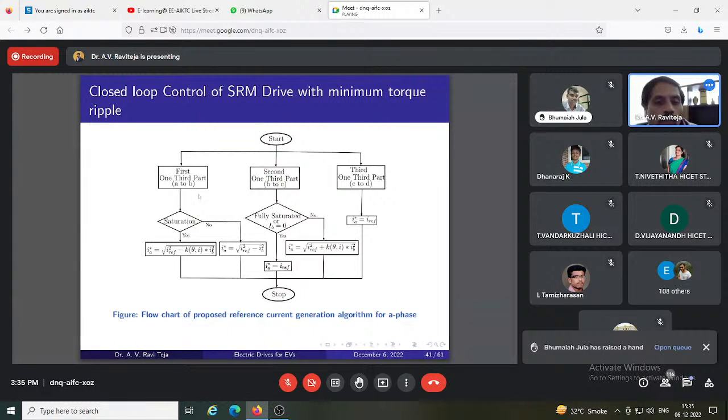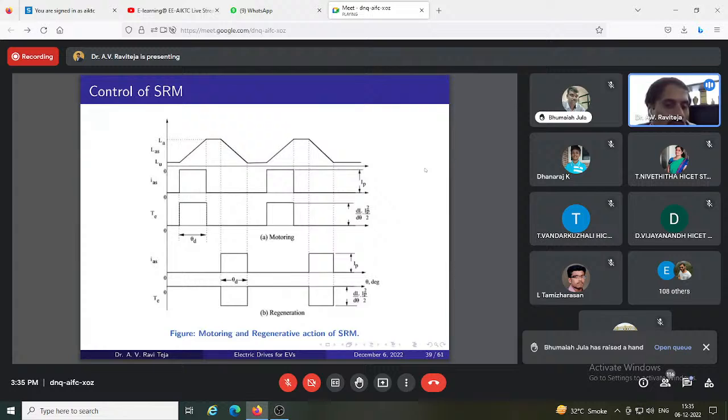So for that, we segregated or divided the inductance profile into three regions. First one third part, second one third part, and third one third part. What are these?